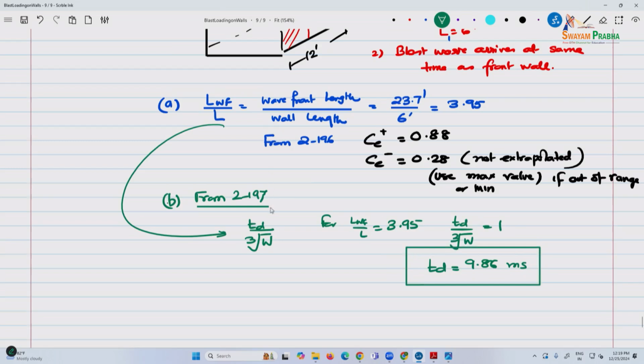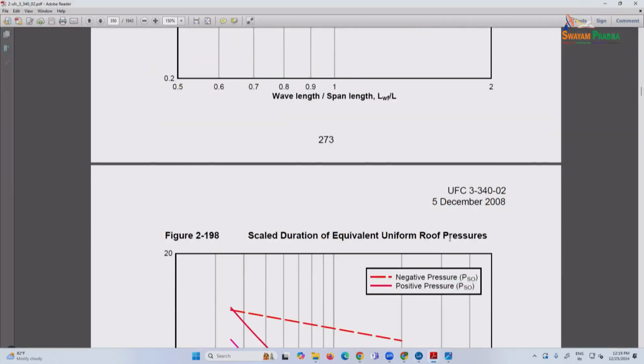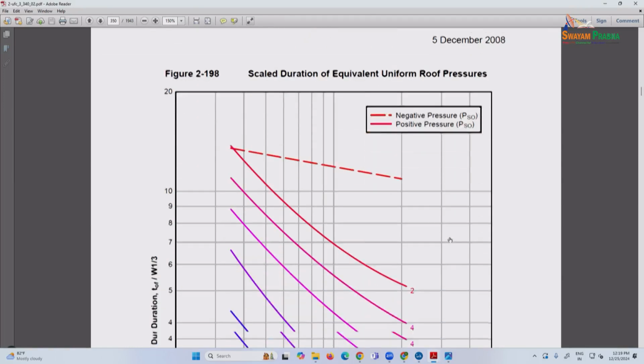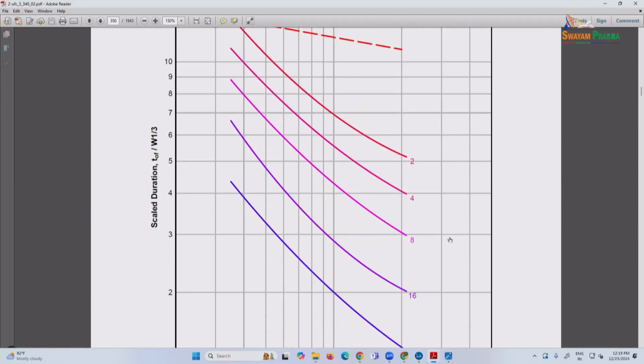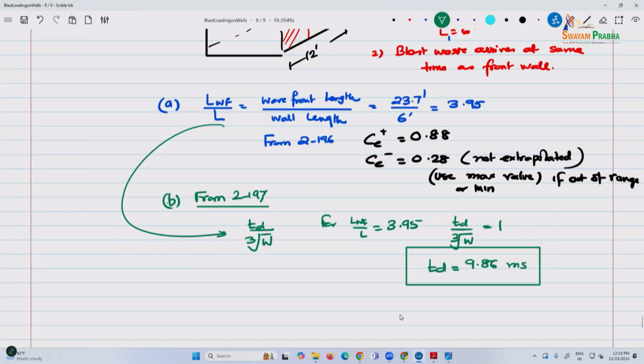And then you go to 2-198. Scaled duration, you get TOF from this graph. So the third thing is scaled durations, TOF plus and TOF minus.